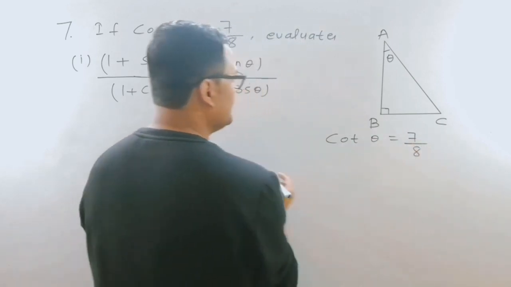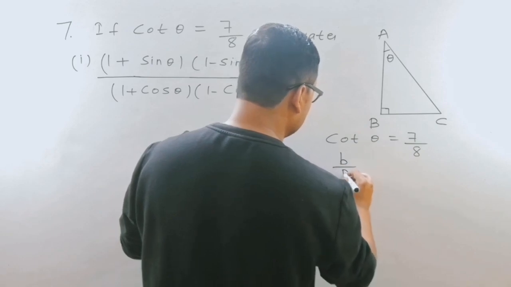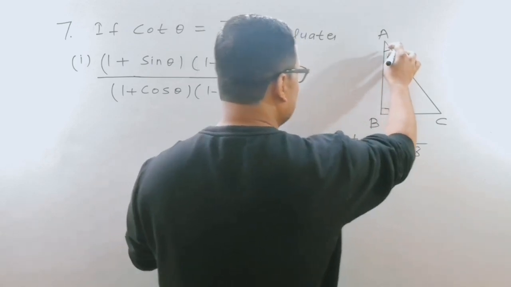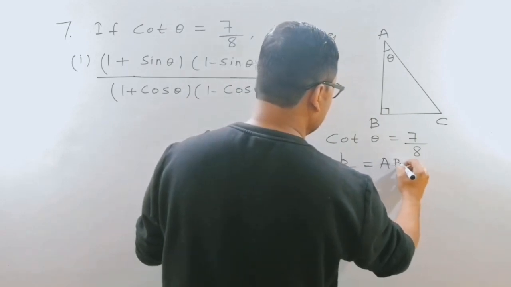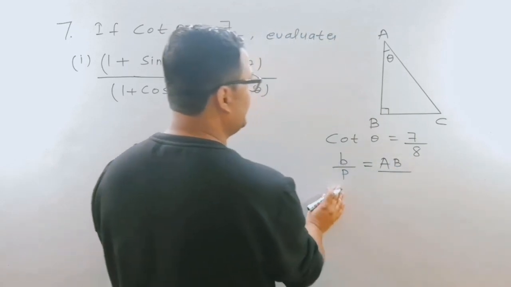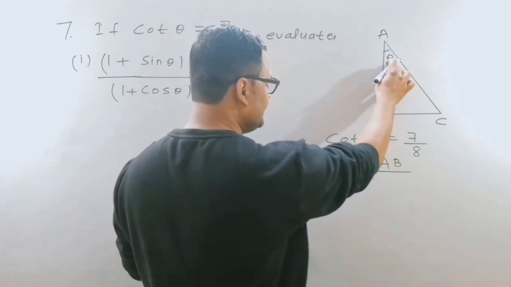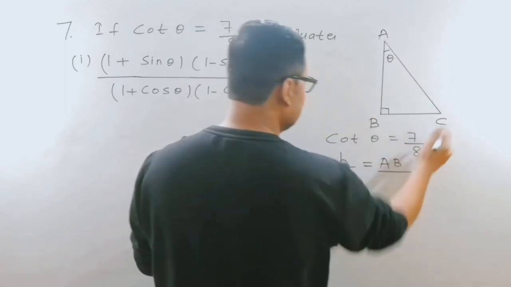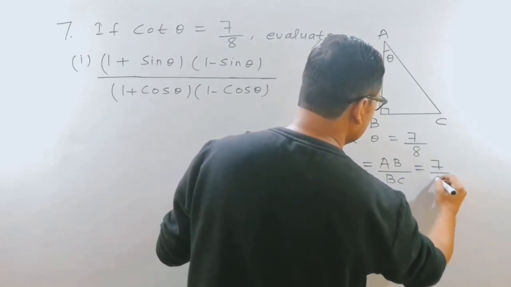Cot theta equals 7 by 8, and we know cot equals base by perpendicular. For this angle theta, the base is AB and the perpendicular is BC. Then AB by BC equals 7 by 8.